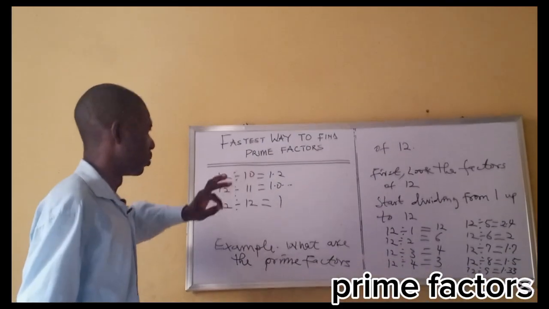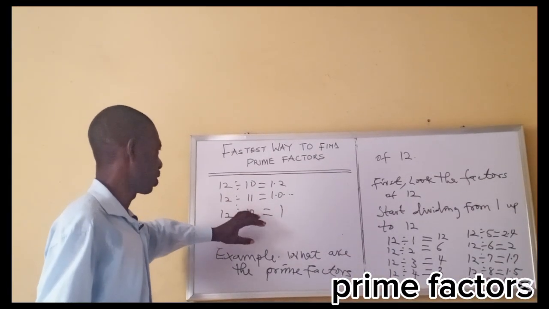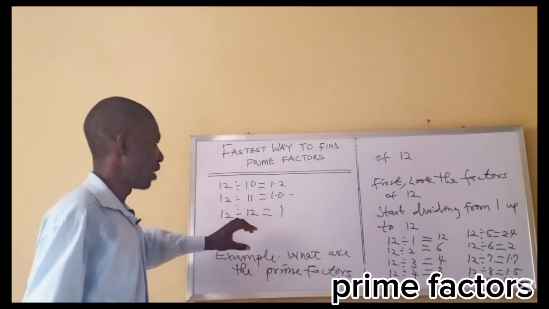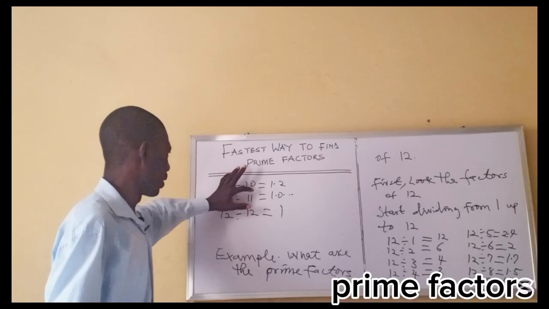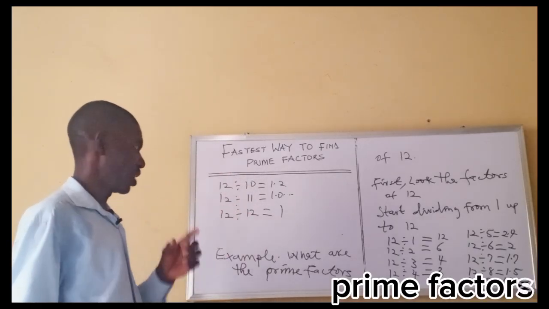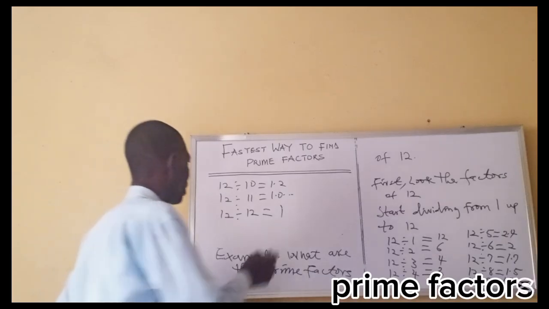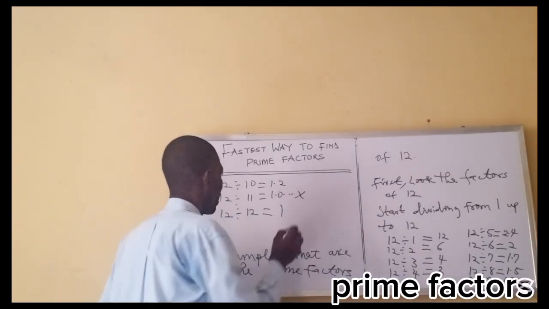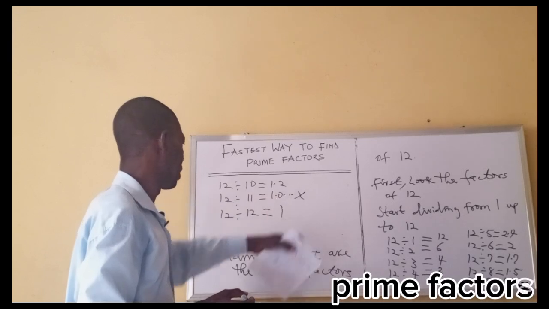If you look at this now, from the definition of factors, I told you that factors of a number are numbers that divide a number exactly without a decimal place. So if you look at this now, this has disqualified this as a factor because of the decimal places.